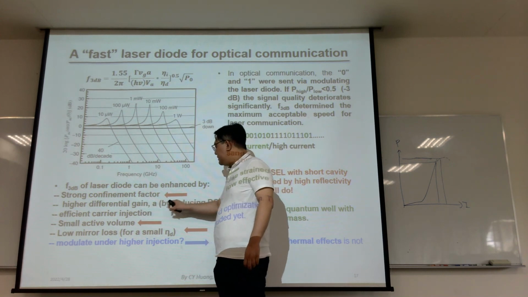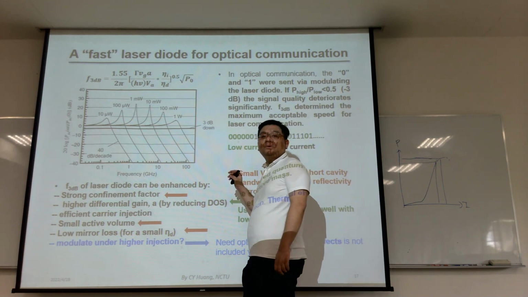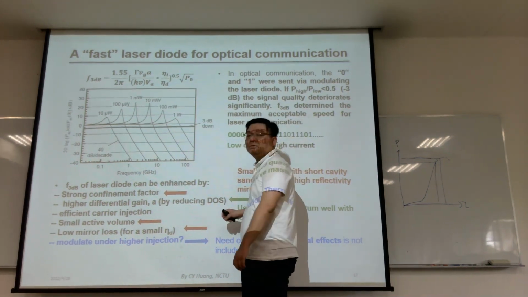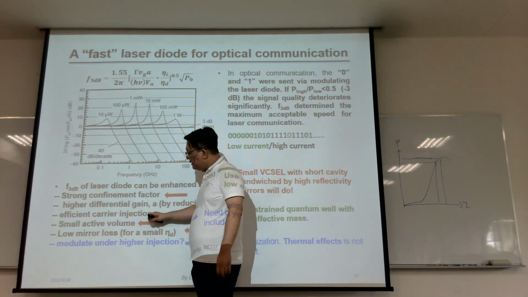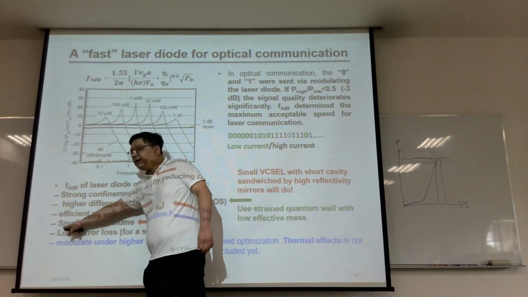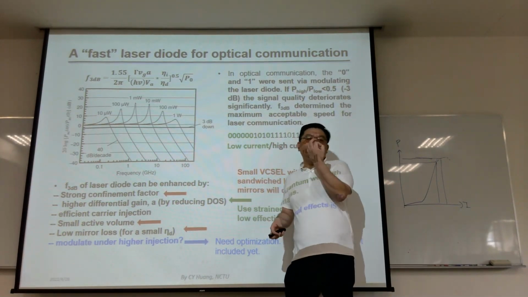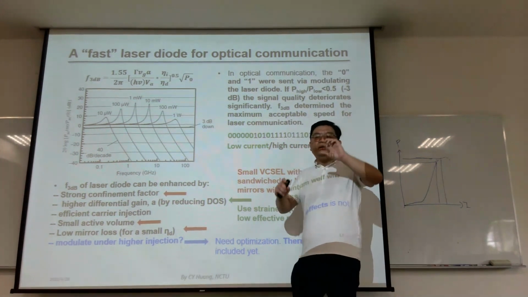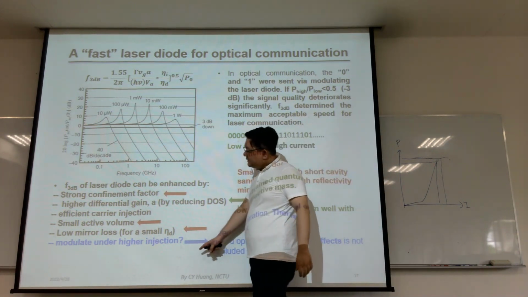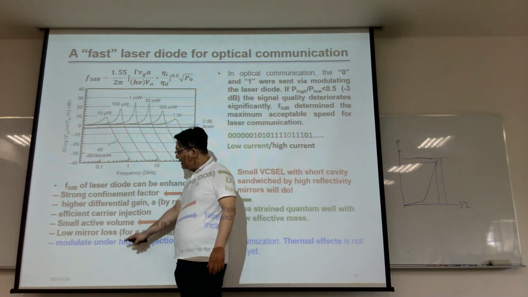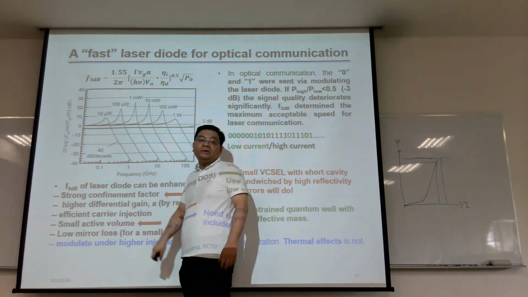Differential gain is more about the material you used, so probably not relevant to your cavity design. Injection, you're probably at the same level. So the issue is the small active volume. Since the VCSEL is only a few microns in radius and only a few nanometers in height, it is a pretty small device, with a much smaller active region than the edge emitter.